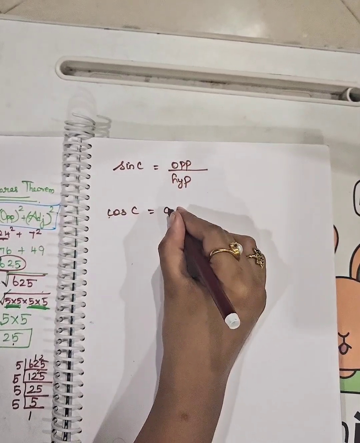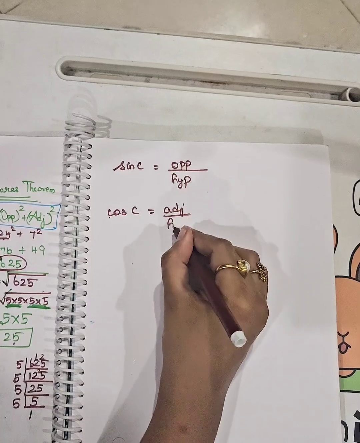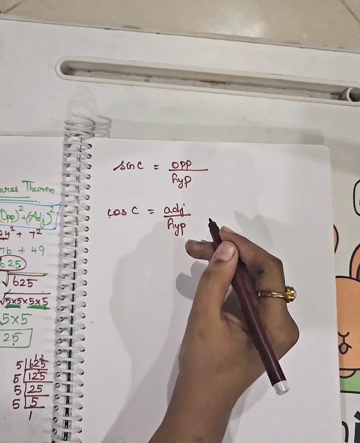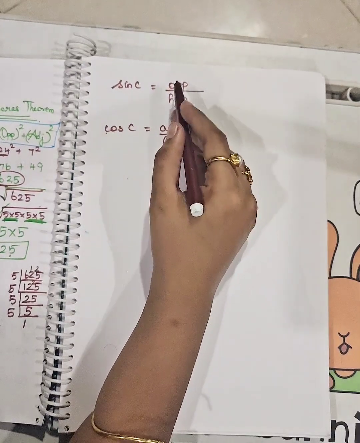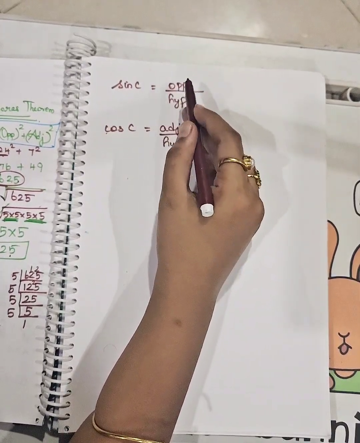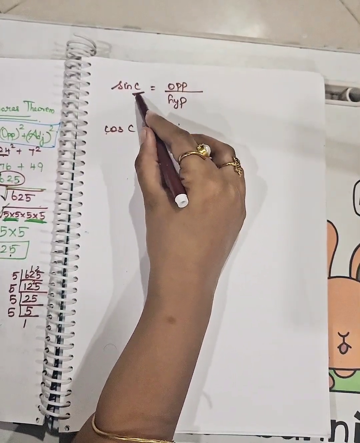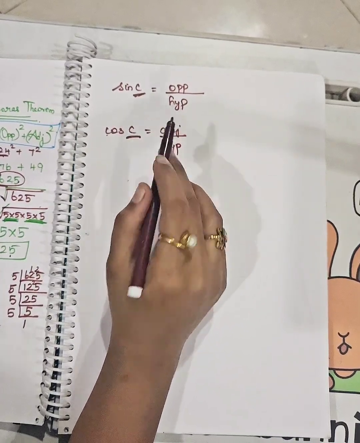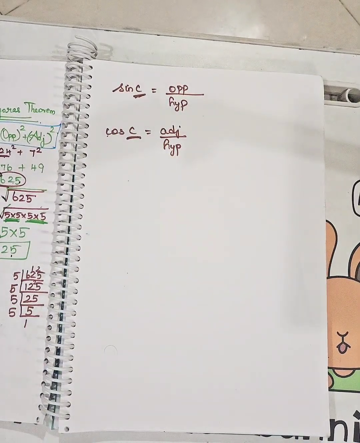Cos is adjacent by hypotenuse. But you should write in full form from the examination point of view: side opposite to angle C, side adjacent to angle C. Likewise, you should mention and write.